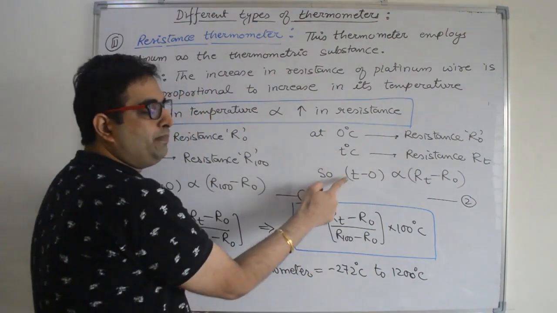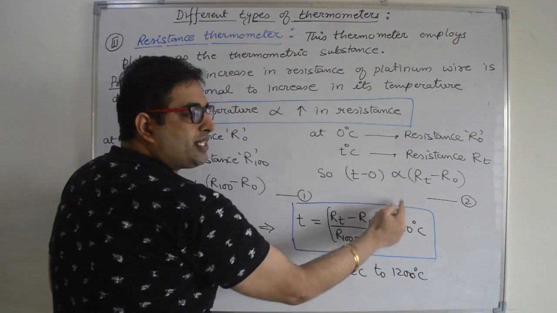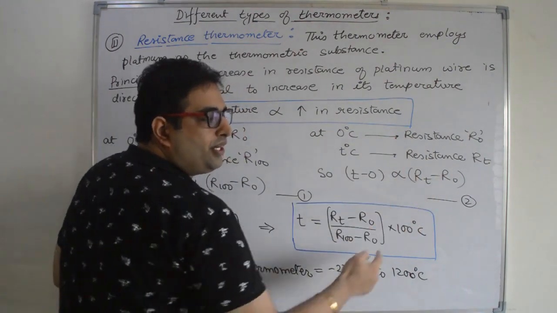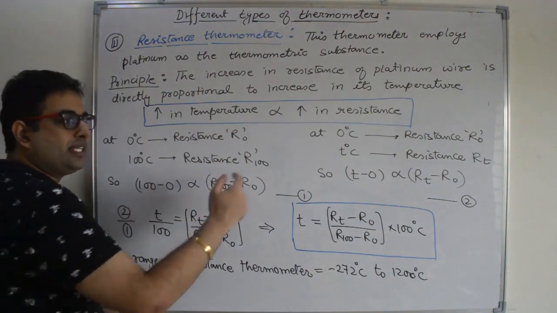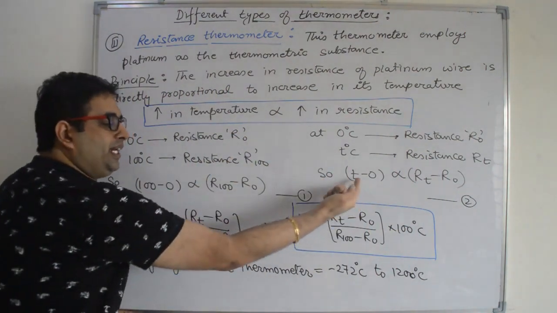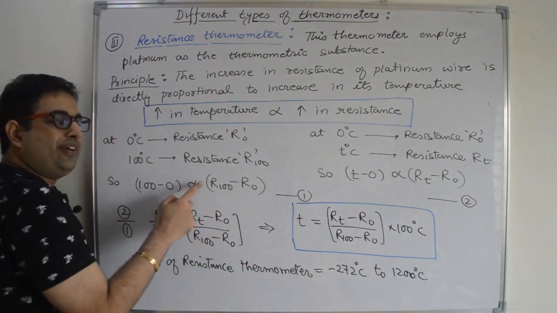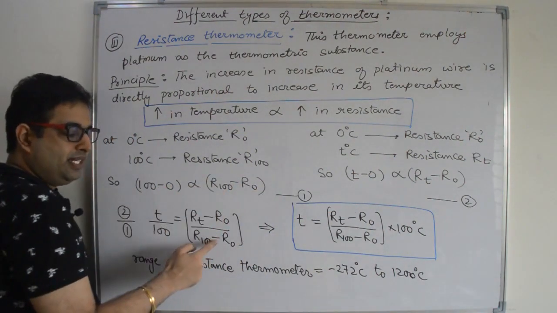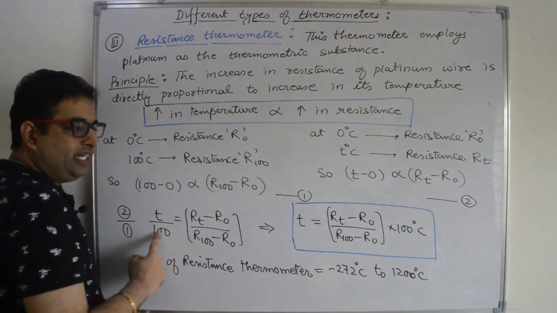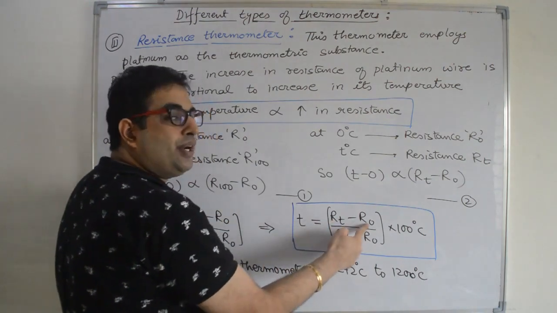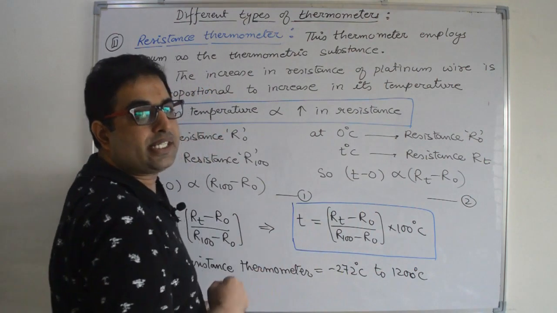Then T minus 0 is proportional to RT minus R0, and this is our second equation. Divide these two equations, second divided by first. So T/100 = (RT − R0)/(R100 − R0). So T is (RT − R0)/(R100 − R0) × 100 degrees Celsius.